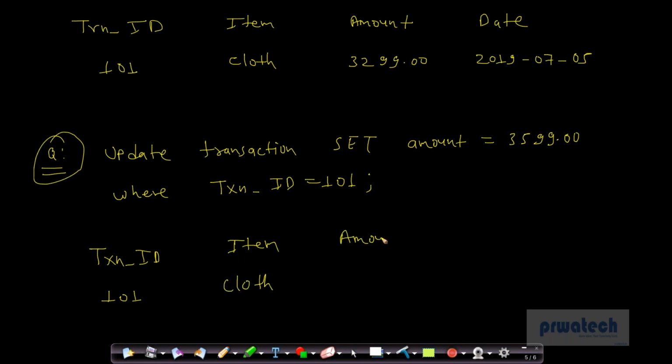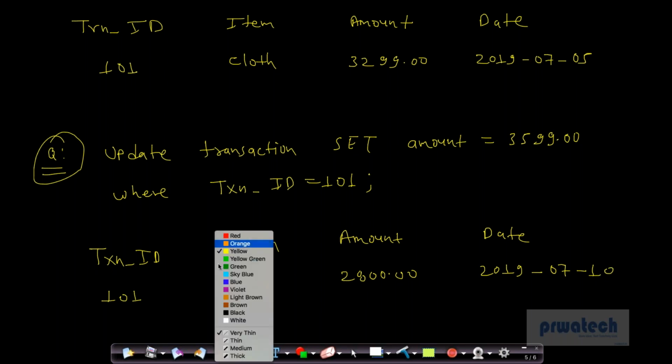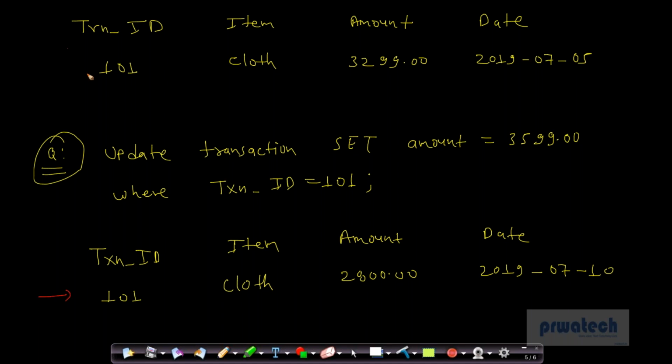Amount is, after discount, let's say 2800.00, and the date is updated, let's say, to 10th July, after 5 days. Now this is the latest result, the new data, and this is the old data.